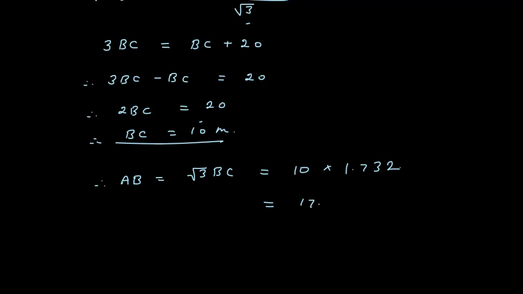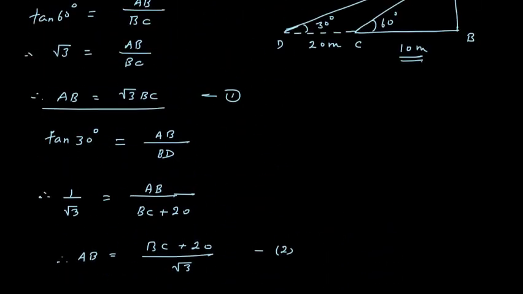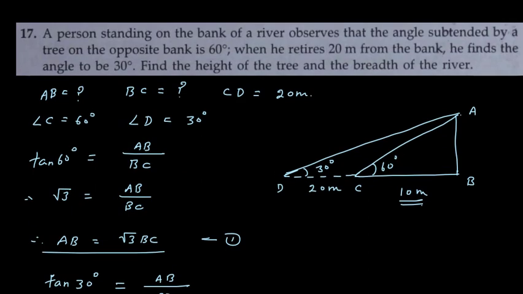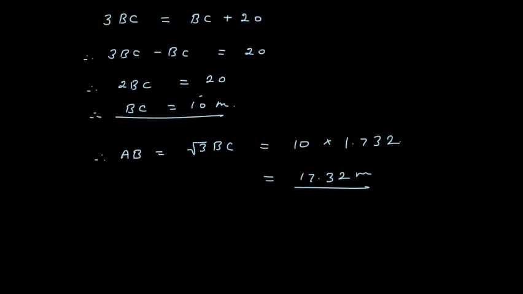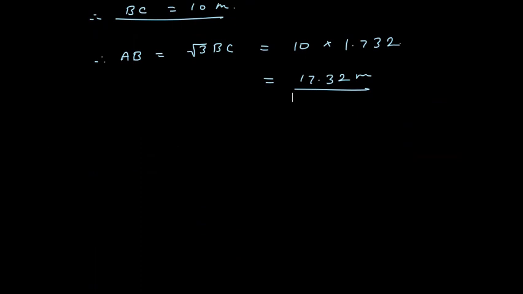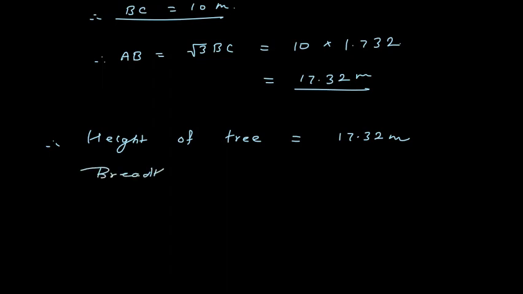This is 17.32 meter. So here we had to find the height of the tree and breadth of the river. So therefore height of tree is equal to 17.32 meter and breadth of river is equal to 10 meter.